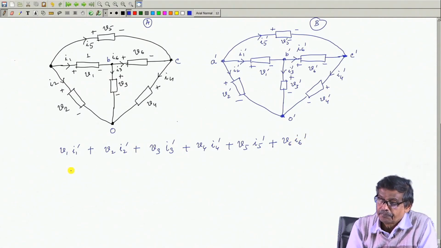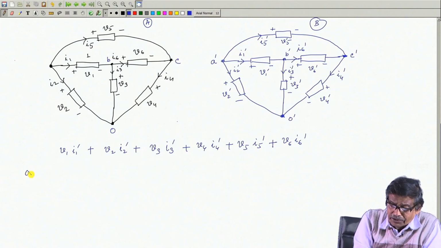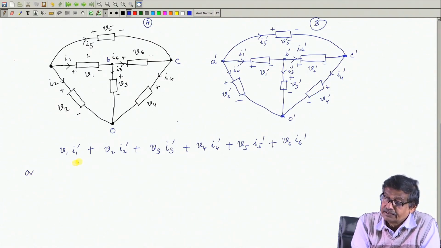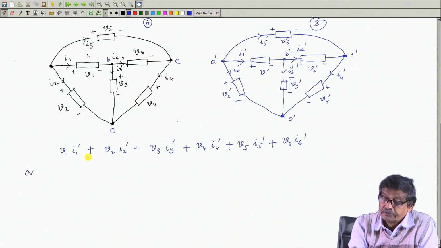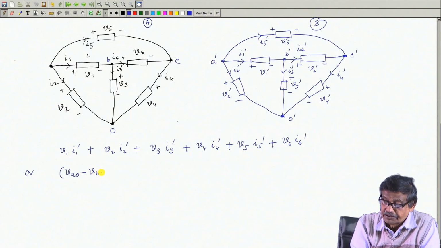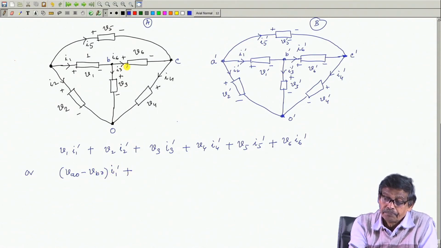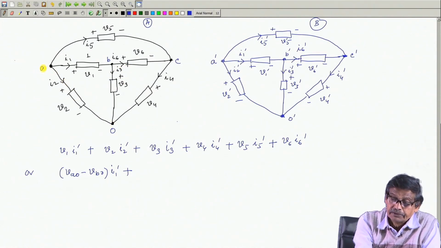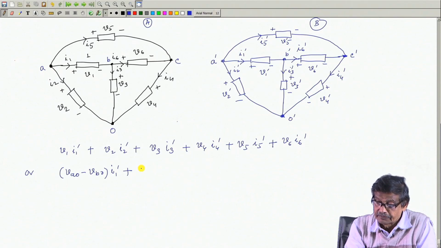This is the thing. Here once again I will do the same thing, that is V1, this voltage is of course equal to VA0 minus VB0 into I1 dashed. V2, this is A, mind you, is VA0, plus VA0 into I2 dashed.